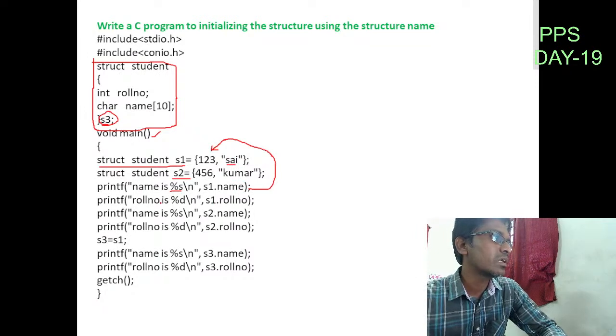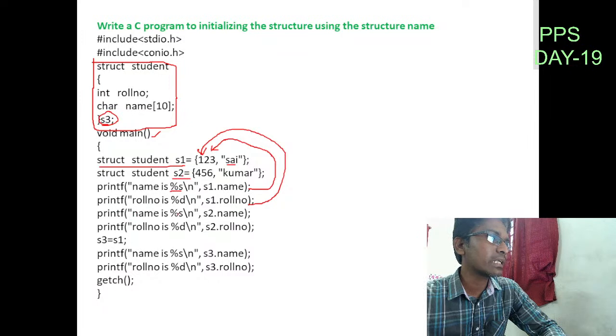Next I want to display the roll number of S1, student 1. So I will use S1 dot followed by roll number. Then it will go and access this roll number, the S1 data that was assigned or initialized to these variables. Next I'm going to use the S2 variable.